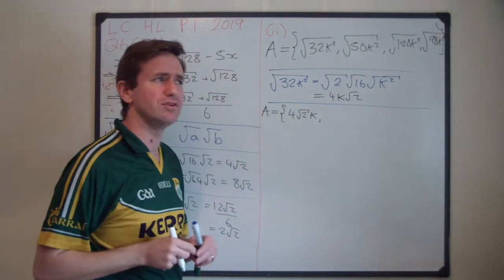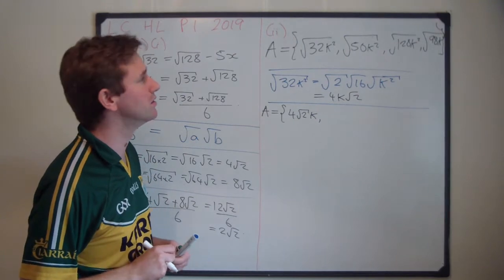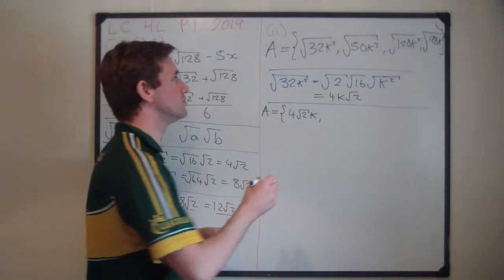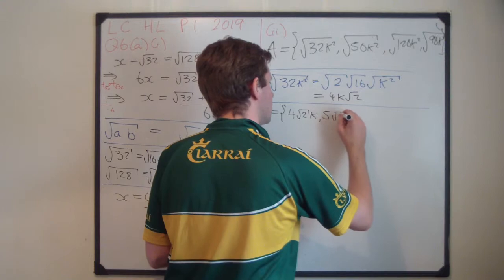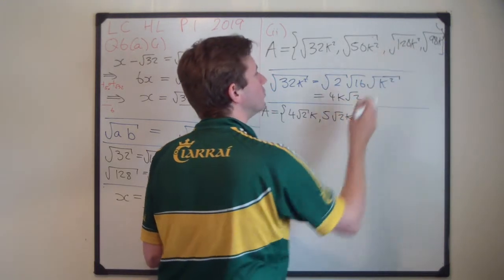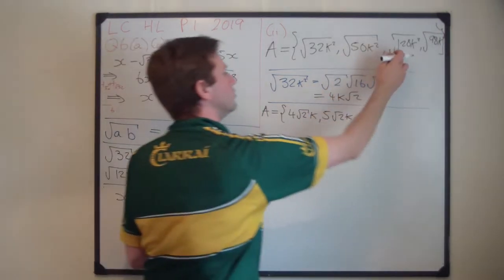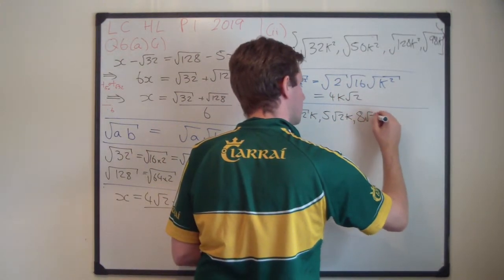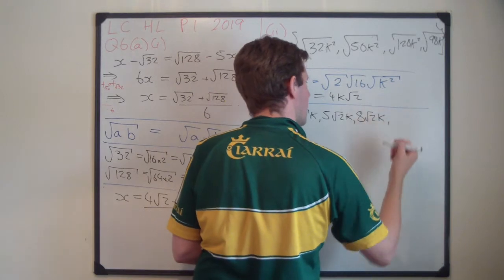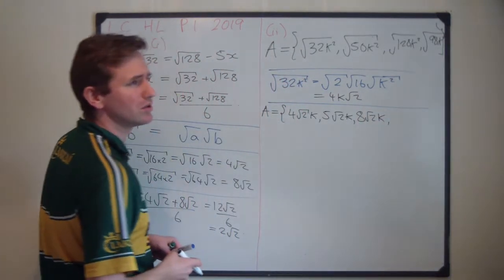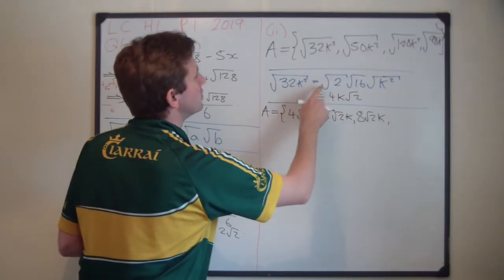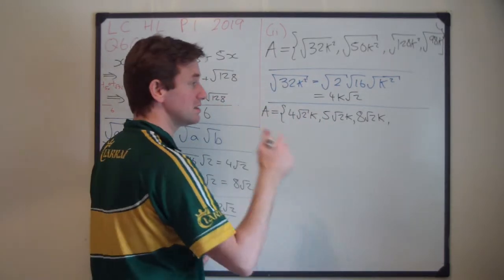Put root 50 into calculator, it'll be square root of 25 by 2, so 5 root 2k. Square root of 128 we've seen is 8 root 2, so this will be 8 root 2k. And the last one, square root of 98 is square root of 2 by 49, it'll be 7 root 2, so 7 root 2k.